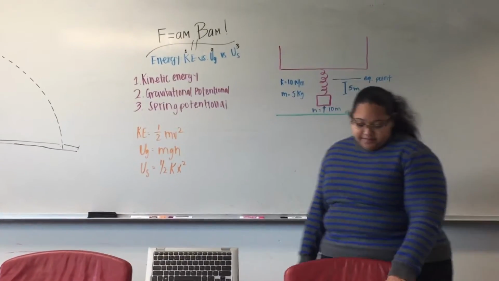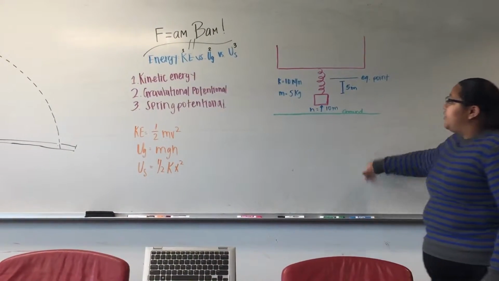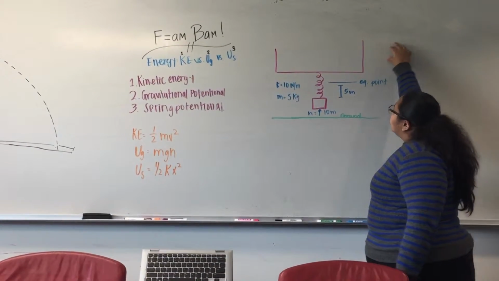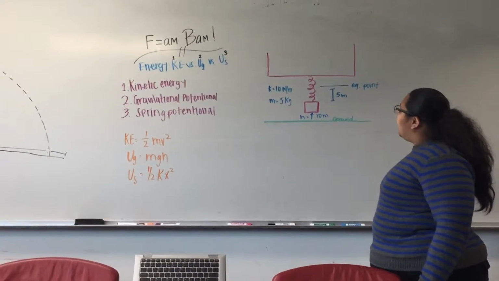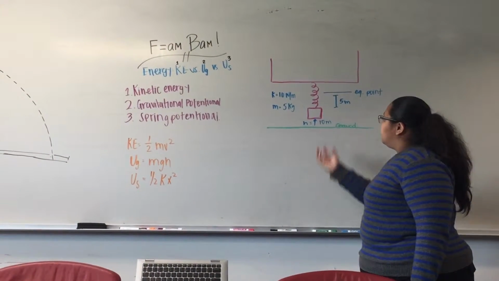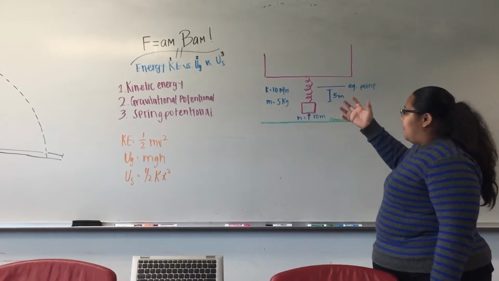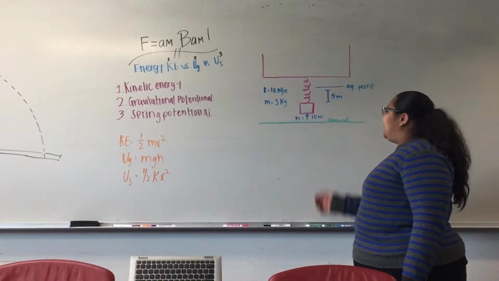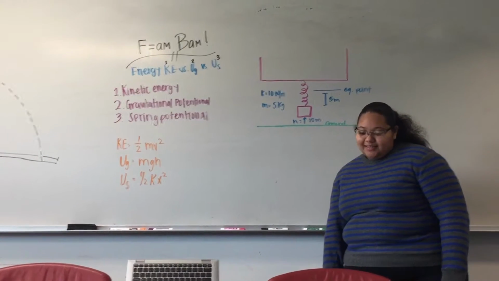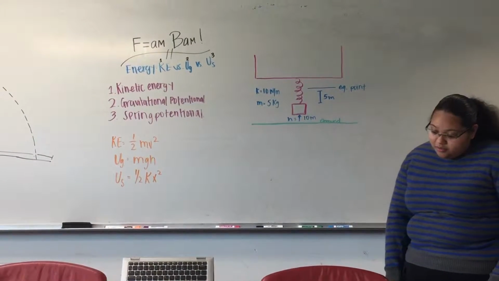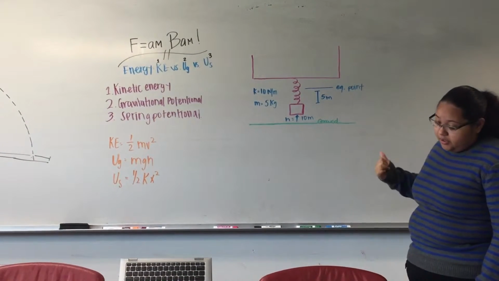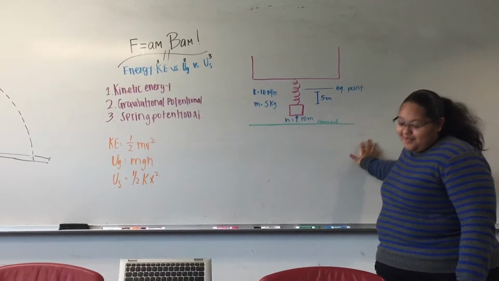We can move on to this problem over here. We have some type of base holding up a spring, and on this object we can see that it's pulling down on the spring and causing it to stretch. So for this problem, the question would be, what is the total energy of the mass spring system shown above?